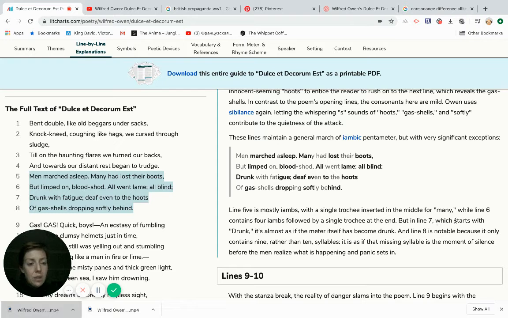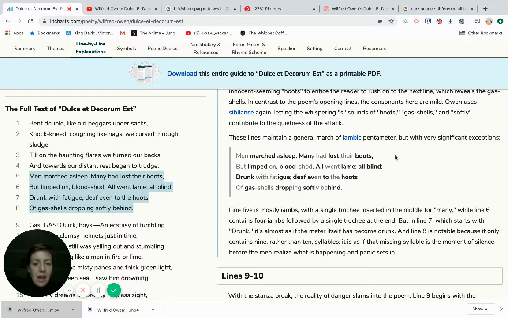But in line 7, which starts with drunk, it's almost as if the meter itself has become drunk. And line 8 is notable because it only contains 9 rather than 10 syllables. It is as if that missing syllable is the moment of silence before the men realize what is happening and panic sets in.